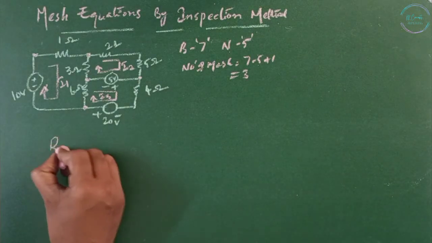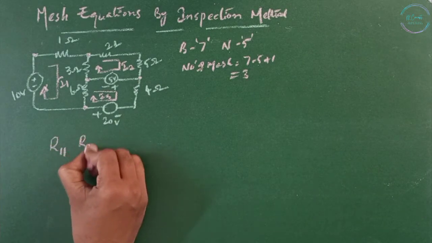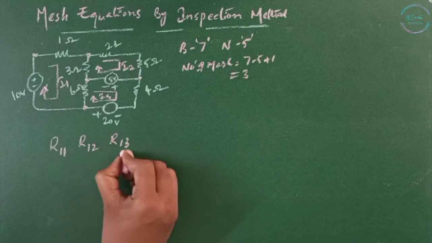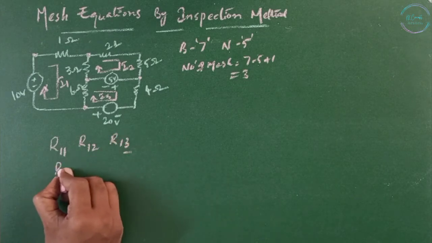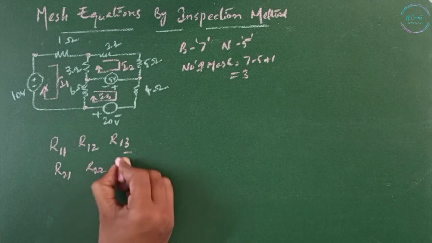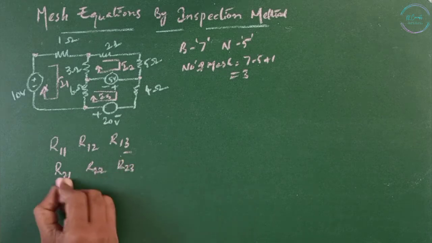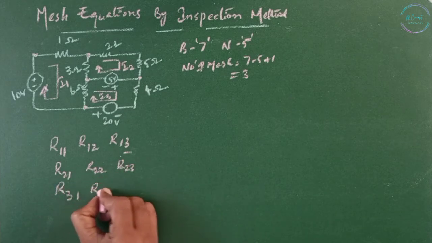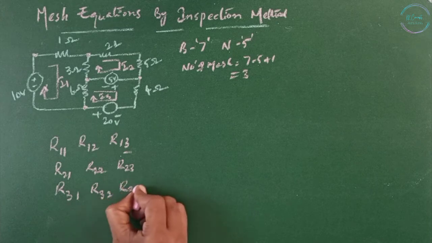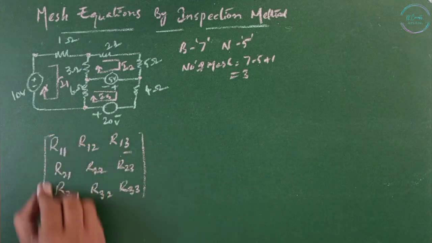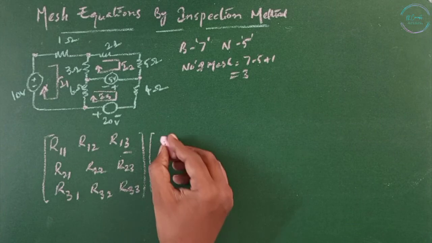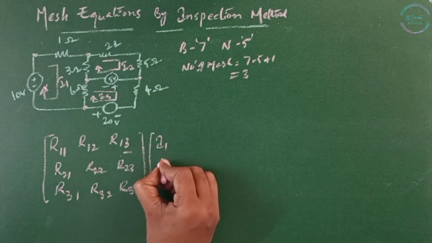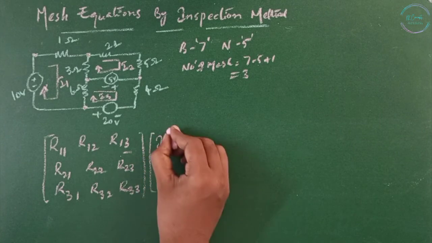That is R11, R12, R13. Since only 3 loops are there, then R21, R22, R23, and R31, R32, R33 is the impedance matrix, or the resistance matrix for us.